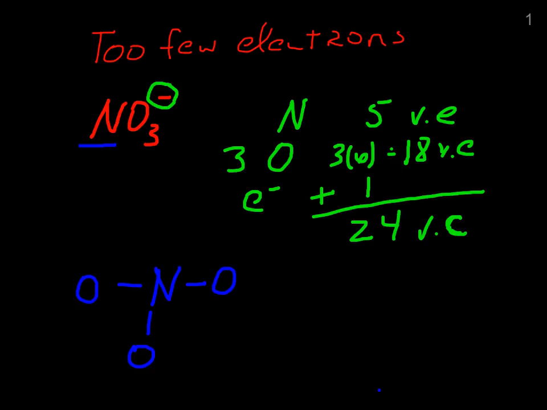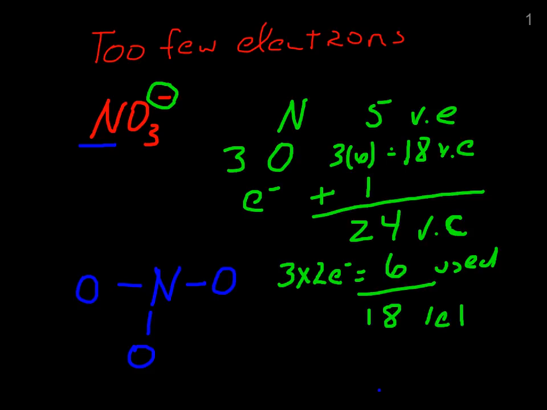Now my rule is that I'm going to add up the number of bonds that I'm representing, which is 3 bonds, multiply that times 2 because each bond includes 2 electrons. So that's going to equal 6 electrons that I used. Now I'm going to subtract that amount from 24. I end up with 18 left over.